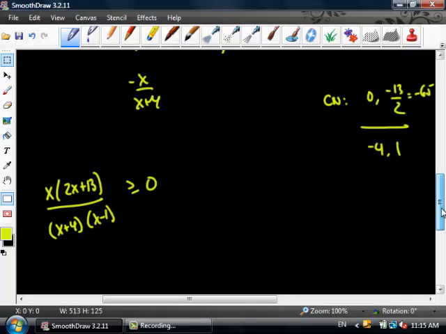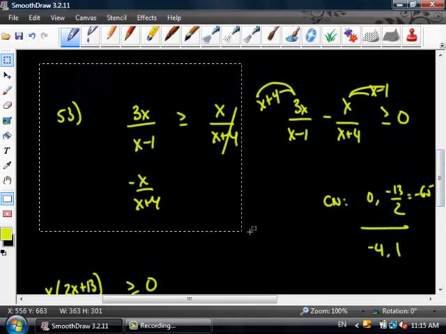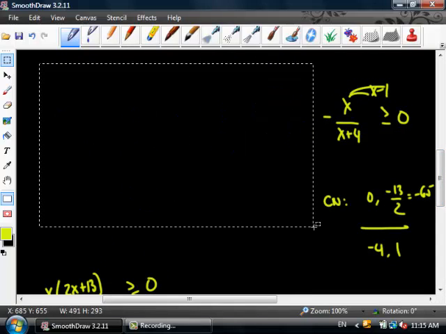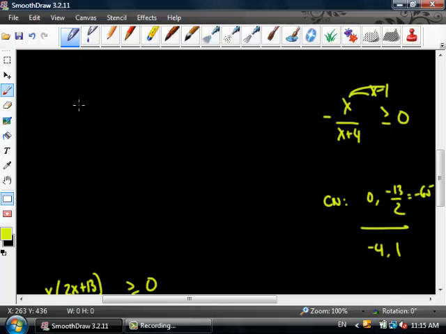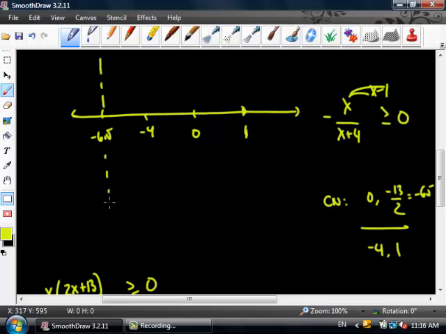Okay, so let me clean some of this up here. Okay, so here, negative 6.5, negative 4, 0, and 1. So let's partition this downward.